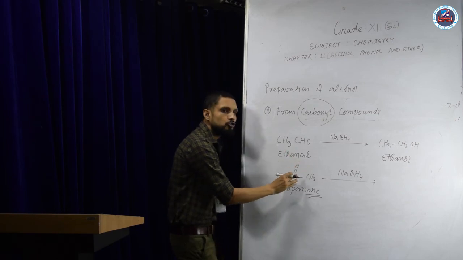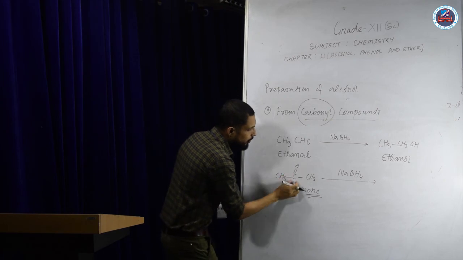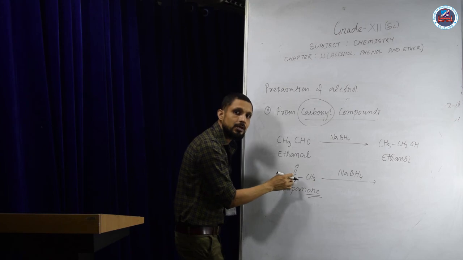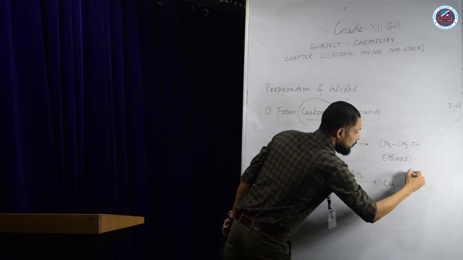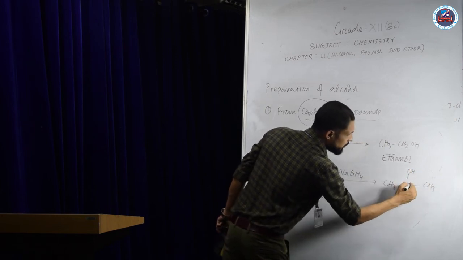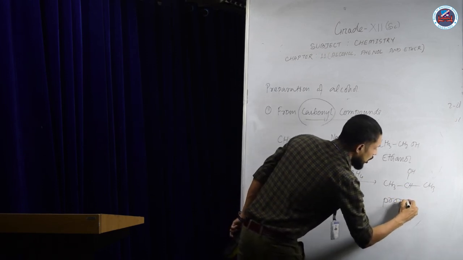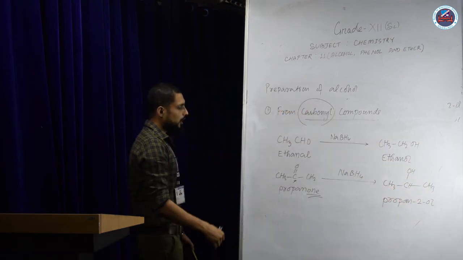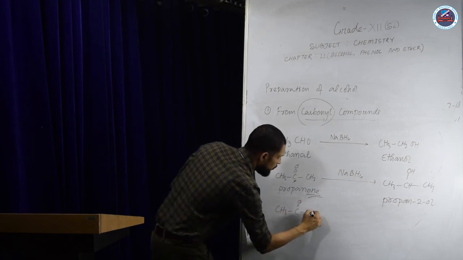You don't have to change the position of OH. You have CO here at carbon 2, so the OH also will be present at the same carbon. So you'll get CH3, COH, CH3. This is carbon 1, 2, 3, so you'll need a hydrogen here. The name of this alcohol is propan-2-ol.